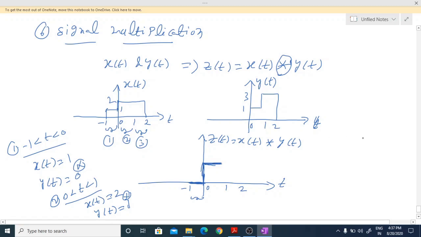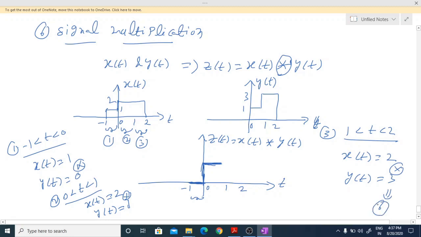Next one, in the third region, t is in between 1 to 2. In this region, the x of t amplitude is equal to 2 and the y of t amplitude is equal to 3. If I multiply these two amplitudes, we get the amplitude value 6.